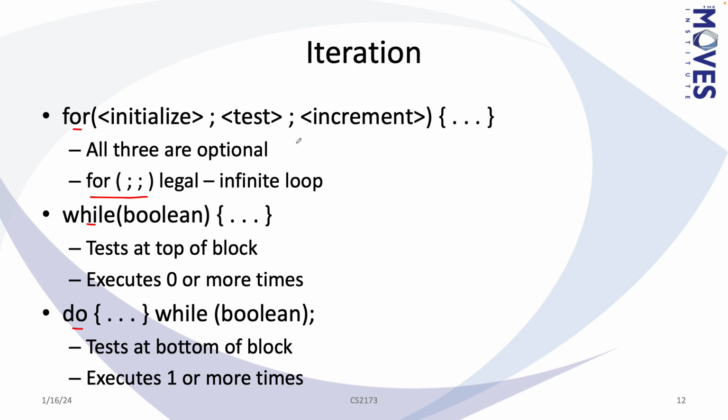The second main use case is when I am working with an array and I need to access the particular index. In other words, I want to loop over an array and I need to know what the index is. The while I use when I don't know how many times I'm going to do it.